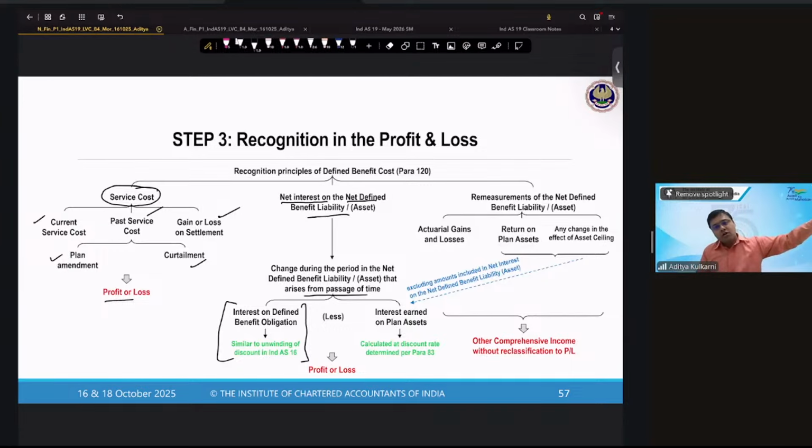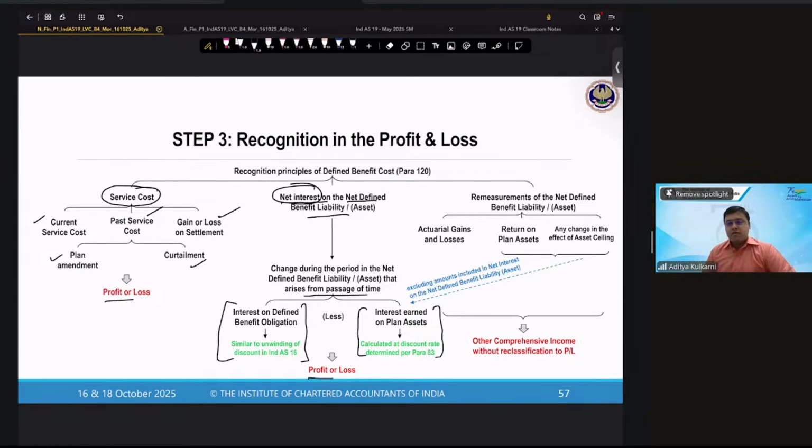Similarly, you park your money in plan assets as an asset available to settle your obligation. That also will earn some interest. The difference between interest paid and interest earned is your net interest on the defined benefit liability or asset. This also will go to the P&L.